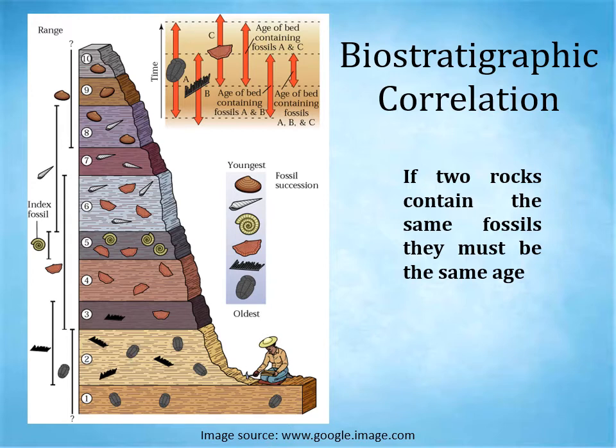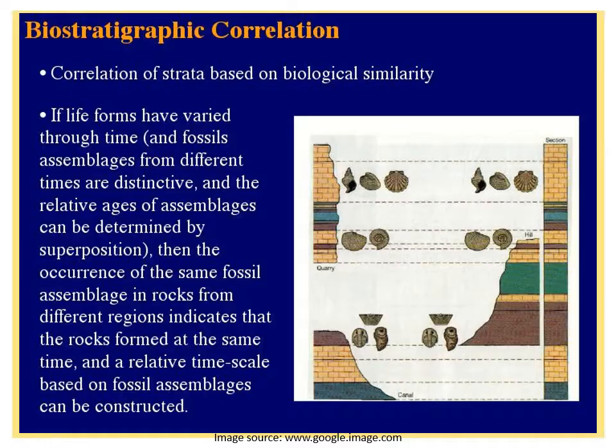Now, for biostratigraphic correlation, we often look for more than one fossil, because the preservation of one fossil might depend on the taphonomic condition, and taphonomy plays a vital role in the preservation of a single fossil.